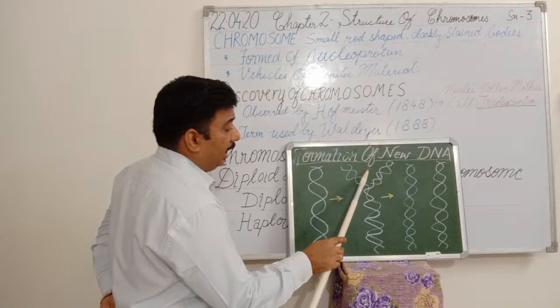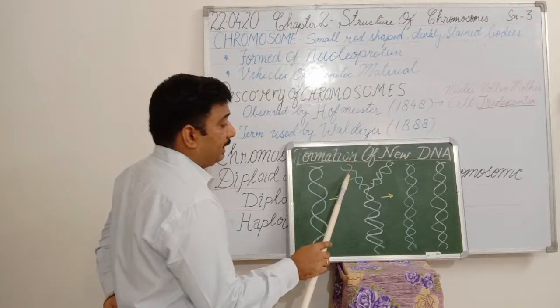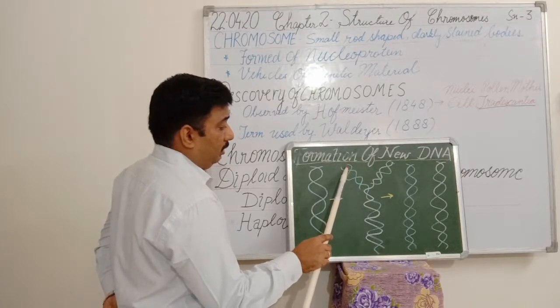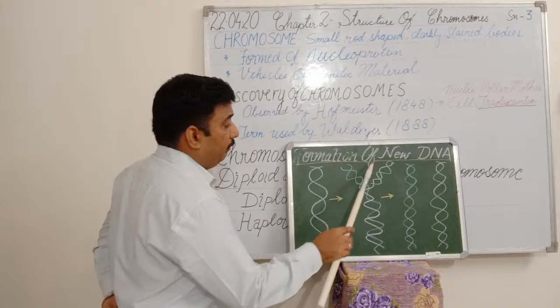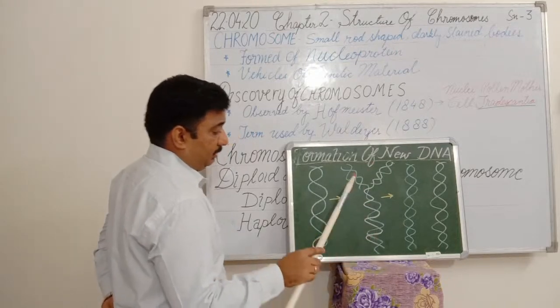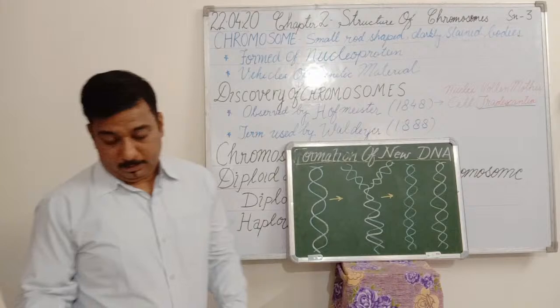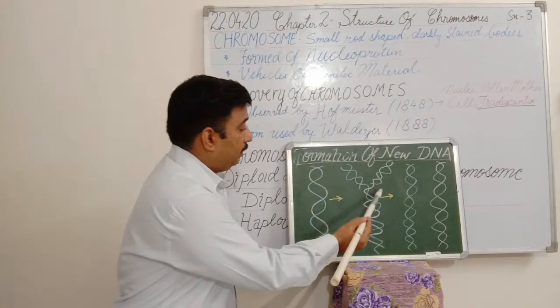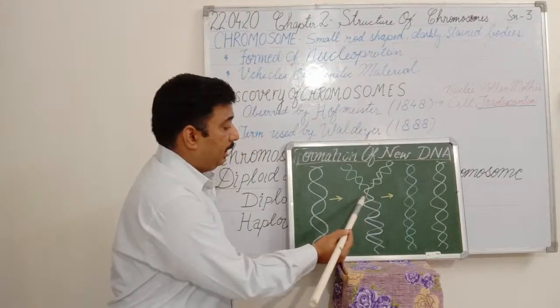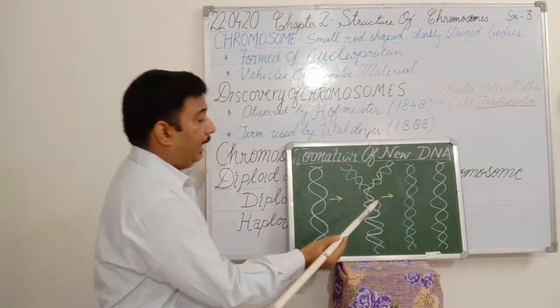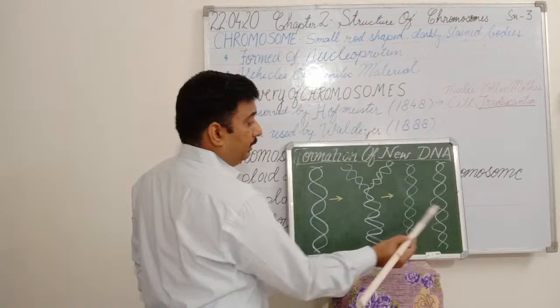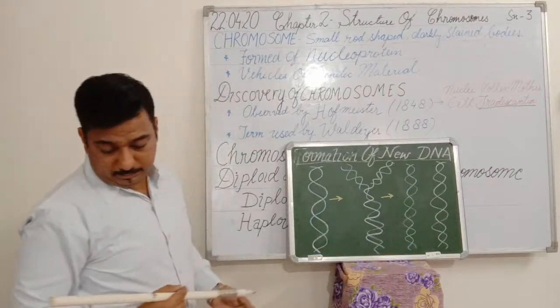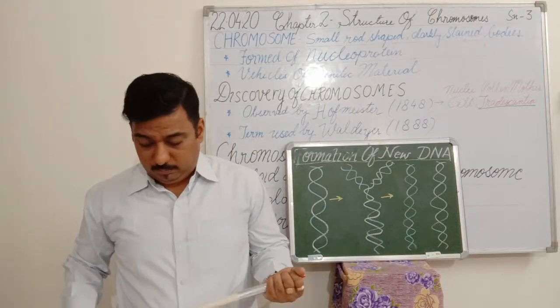At the same time, new nucleotides are forming complementary bases. And it will move ahead in this direction. Strands open at one end and form a new strand. You can see here new strands are being formed. The uncoiling process is taking place, and at last we will find two daughter chromosomes are formed.